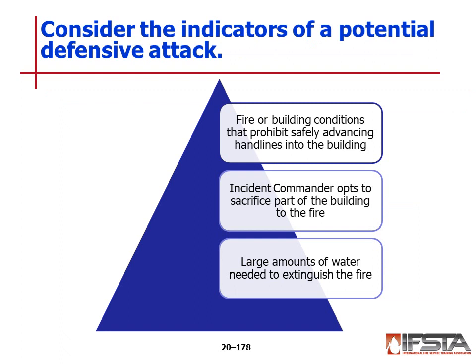Consider the indicators of a potential defensive attack. Fire or building conditions that prohibit safely advancing hose lines into the building. The incident commander opts to sacrifice part of the building to the fire. Large amounts of water are needed to extinguish the fire, such as common attics or multiple apartments. The fire conditions at the incident will dictate what type of stream should be used.